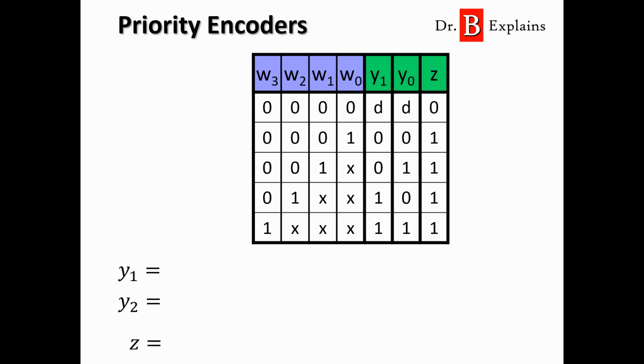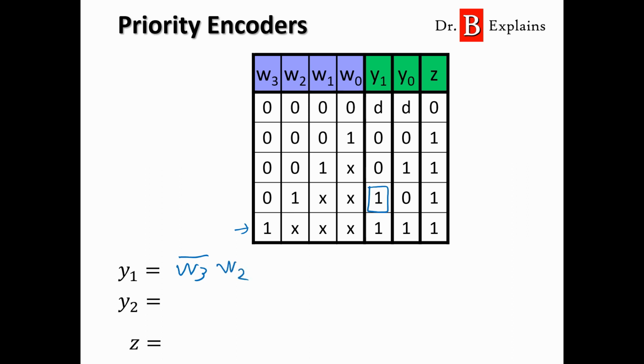So in the case of Y1, when is Y1 going to be a 1? In this case, Y1 is going to be a 1 as long as W3 is 0. Always, right? If W3 is a 1, then we're already looking at the next row. But in the case of W1, W3 has to be a 0, and then W2 has to be a 1.